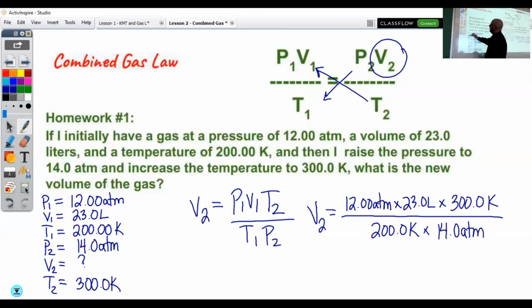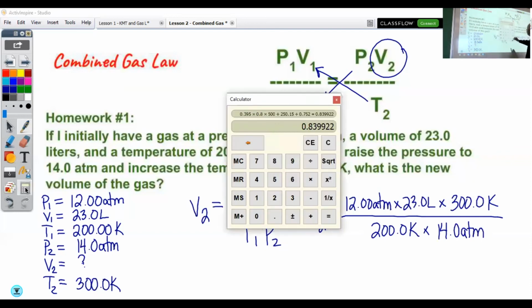Typing all of this into my calculator, I have 12 times 23 times 300. I want to divide by 200 because that's on the bottom, but I also want to divide by 14, which is also on the bottom. So just to show you what that looks like when I pull it out here, notice I hit divided by, entered the 200, hit divided by again, entered the 14.